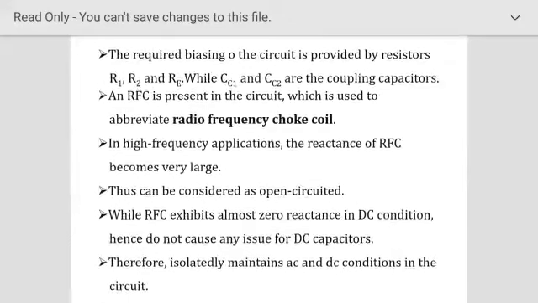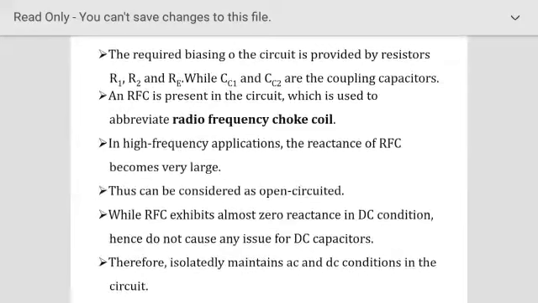The required biasing of the circuit is provided by resistors R1, R2 as the biasing resistors, then emitter resistor RE, while CC1 and CC2 are the coupling capacitors. An RFC is present in the circuit, which is an abbreviation for radio frequency choke coil.